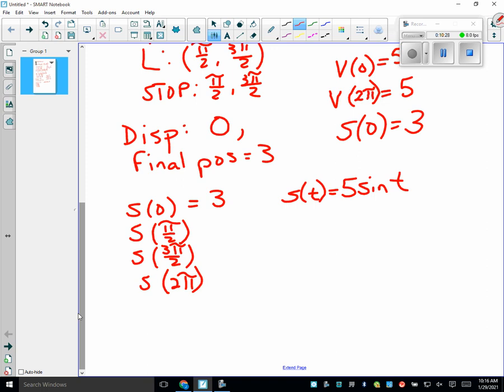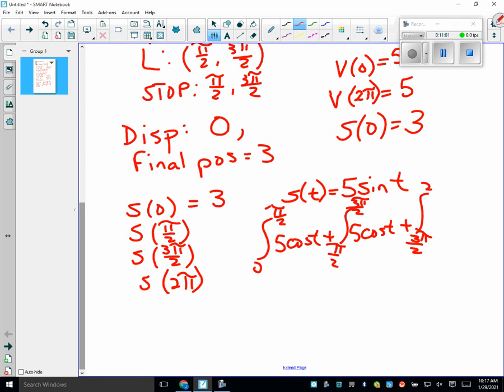And we did this distance-wise before. What we actually want is this. What is it? The integral from 0 to pi over 2 of 5 cosine of t, plus the integral from pi over 2 to 3 pi over 2 of 5 cosine of t, plus the integral from 3 pi over 2 to 2 pi.